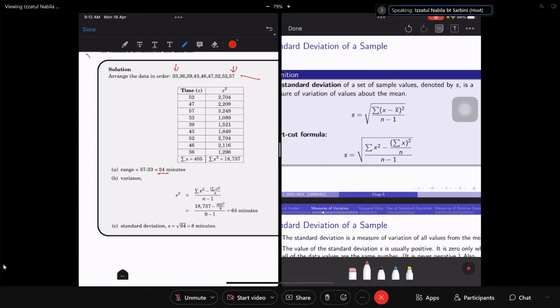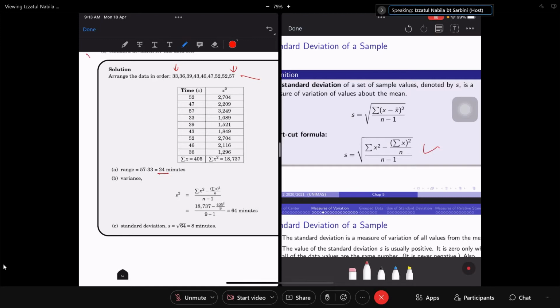Now this one is a sample, so you're going to use this formula here. This is the formula for standard deviation. If it's variance, you just remove the square root, because the square root is gone with the square. Alright, so for the variance, we're going to use this formula.